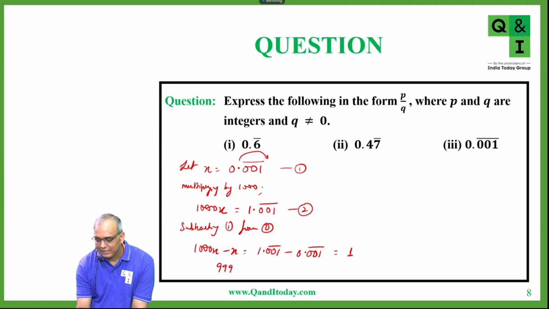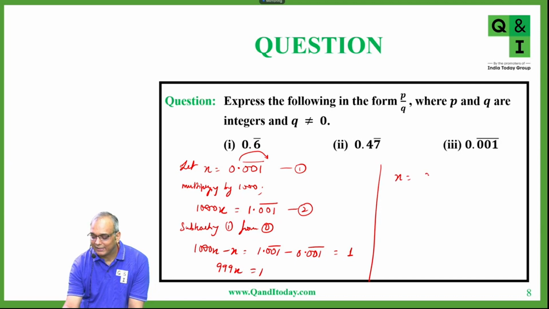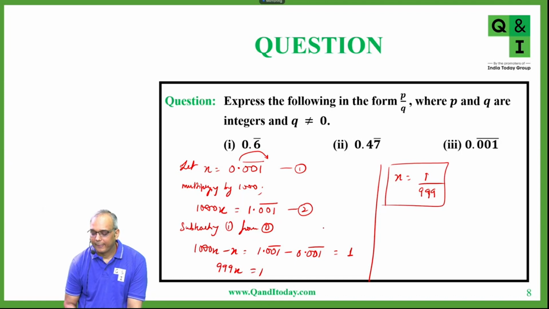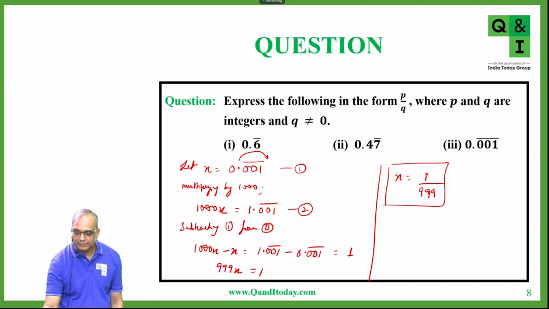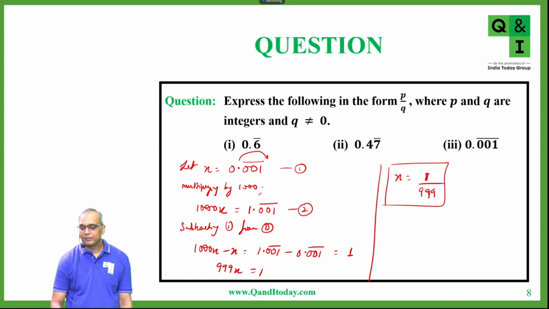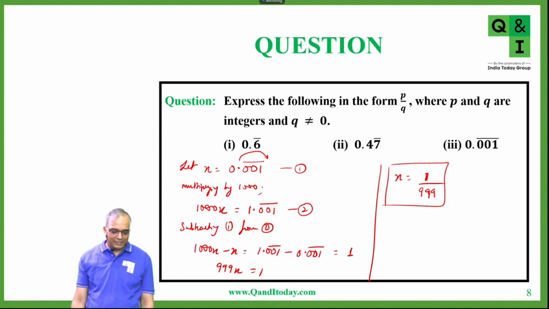And this is 999x is 1. So you will get x is equal to 1 divided by 999. Is it clear? Is it clear, students?